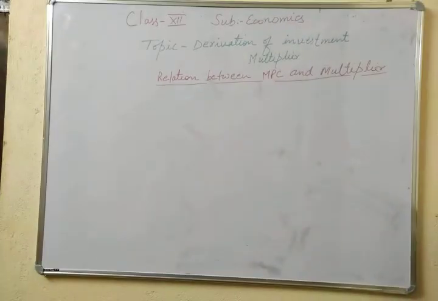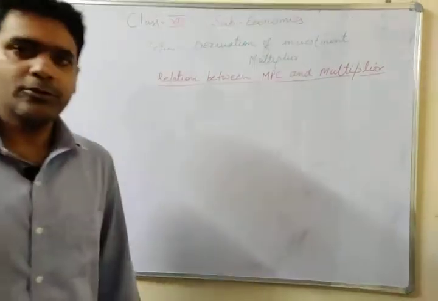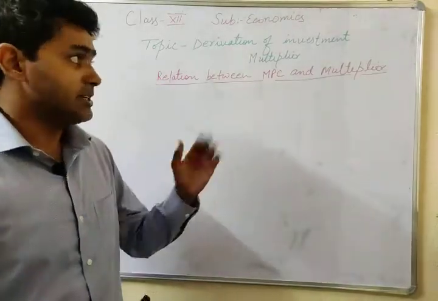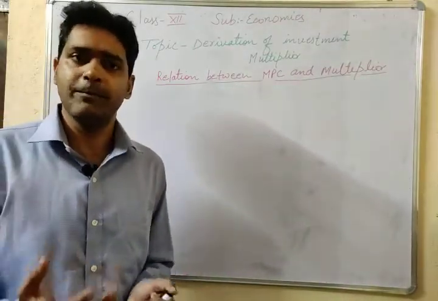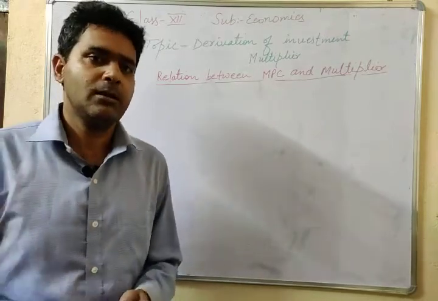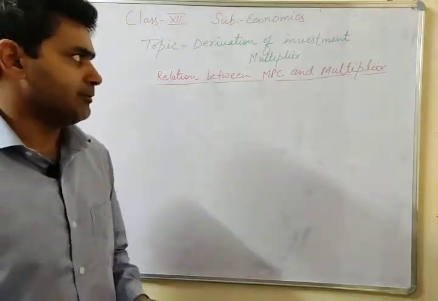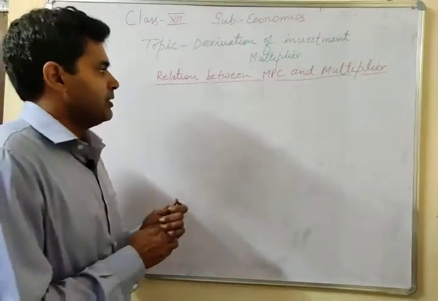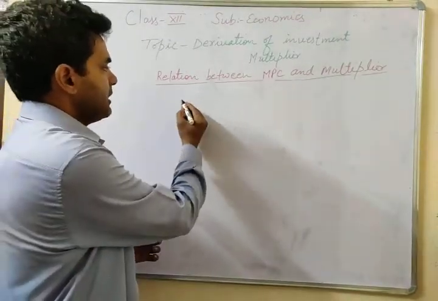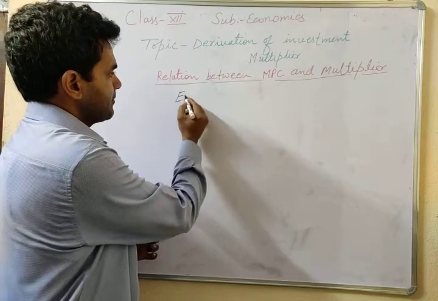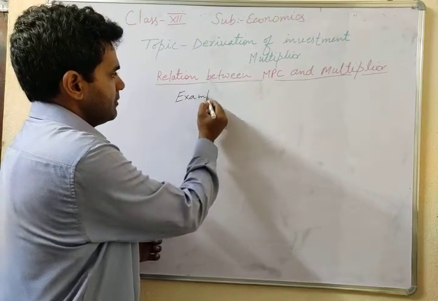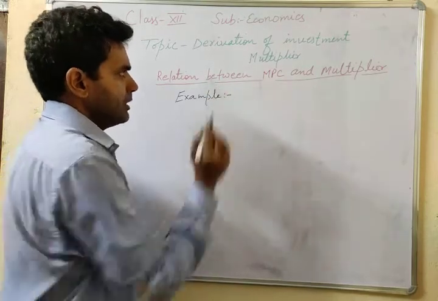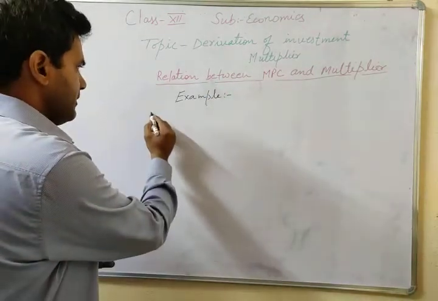So students, now we will talk about the relation of investment multiplier with MPC and MPS. First, I will tell you the relation of multiplier with marginal propensity to consume. To understand it, we take an example for getting the relation between MPC and multiplier.